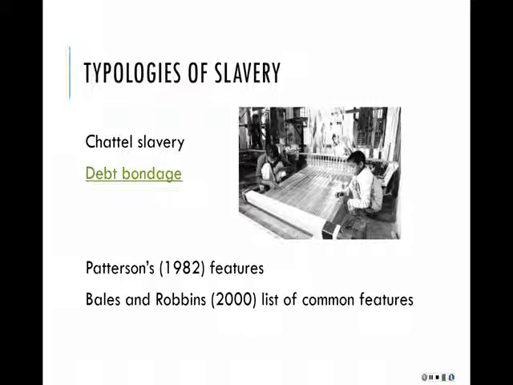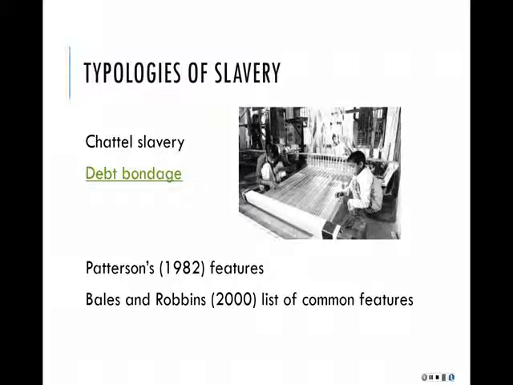Thirdly, the slave's activities are controlled by the threat or use of violence. So not only is the slave controlled by the person in terms of their total life and their lifestyle, the slave's activities are controlled because of the threat of violence. And they apply these features to the different types of slavery.